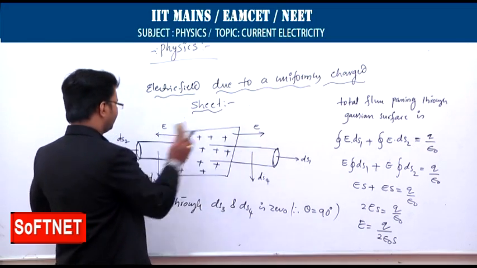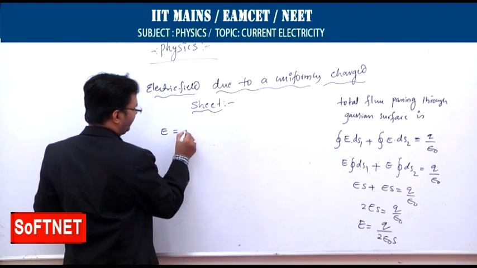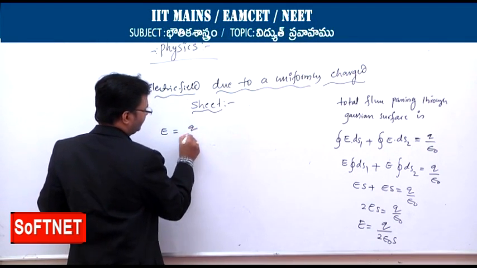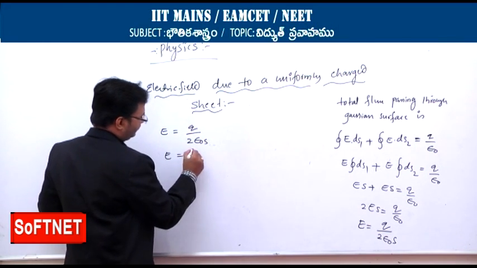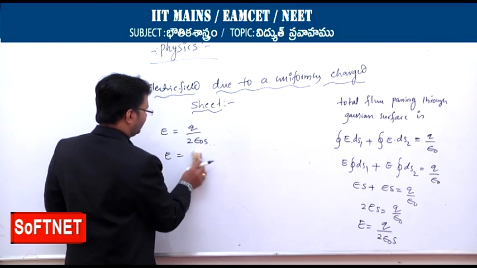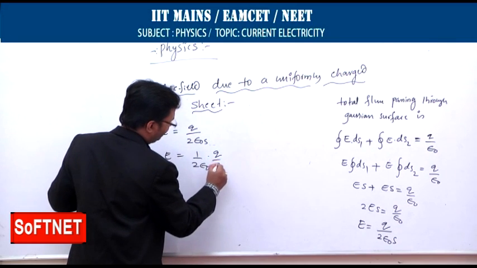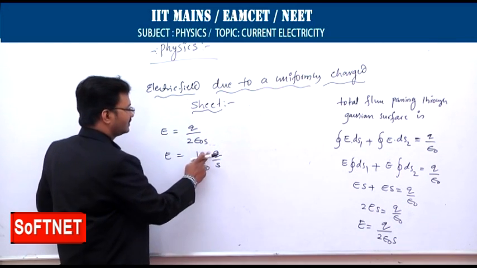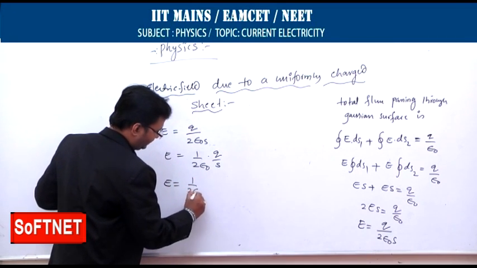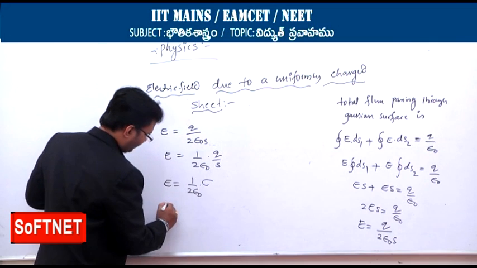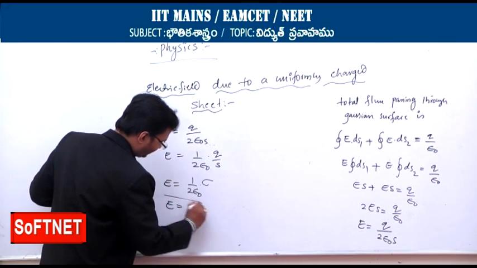Then how do we write the final equation? E equals 1 by 2 epsilon naught into q by S. Here charge per surface area is nothing but the surface charge density, that is sigma. So E equals sigma by 2 epsilon naught.